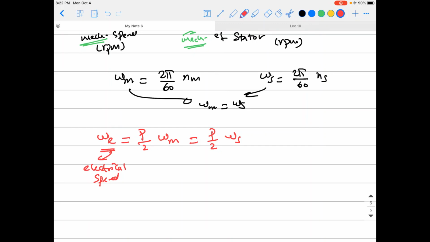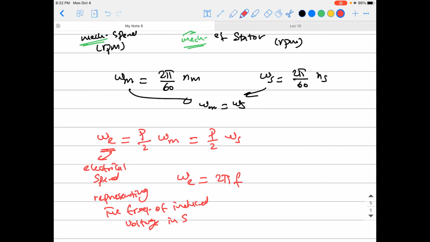To understand what I mean by electrical speed, omega E equals 2 pi f, the frequency of any induced voltage. That is representing the frequency of the induced voltage in the stator.